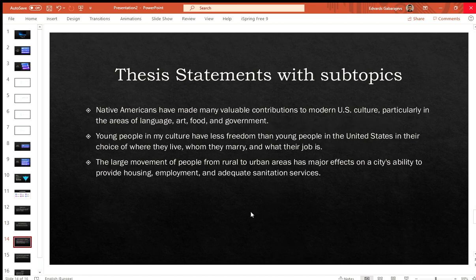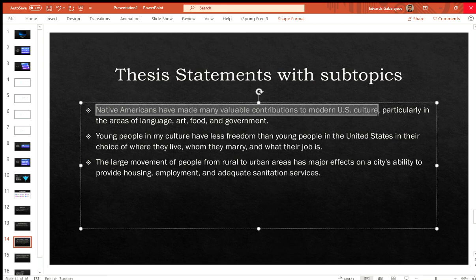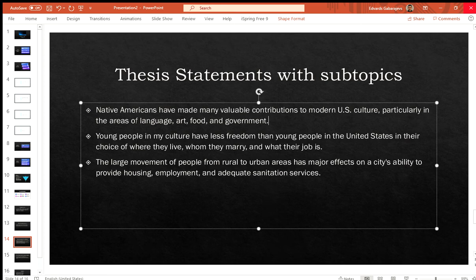Also, some more examples of thesis statements, now with subtopics. So thesis statements can also include subtopics, basically the topics of the essay, to prepare the reader for what is coming. So here we have the same thesis statement, right? Native Americans have made many valuable contributions to modern US culture, particularly in the areas of language, art, food, and government, right?